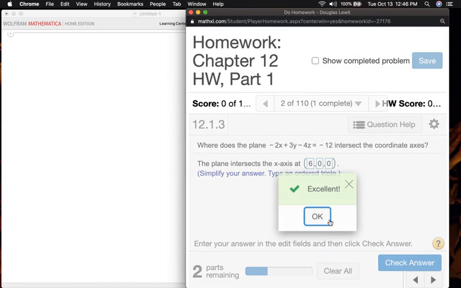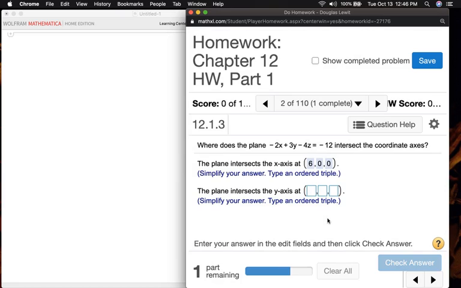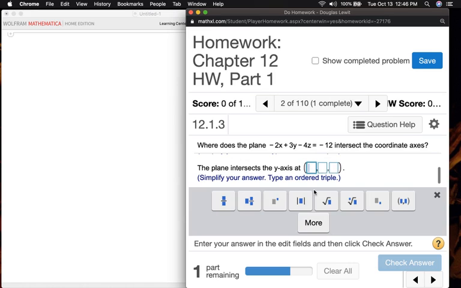The plane intersects the y-axis where x is 0 and z is 0, and y is going to be negative 4 because 3 times negative 4 is negative 12.